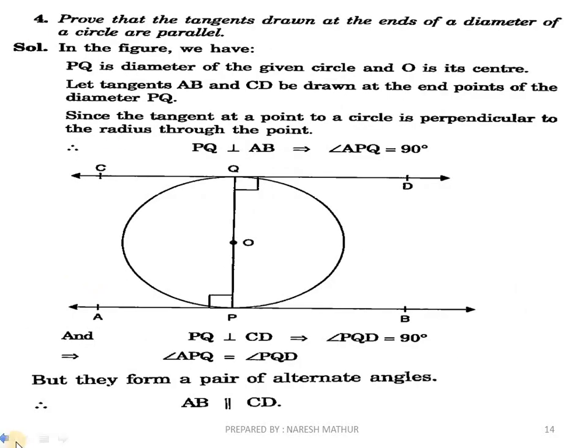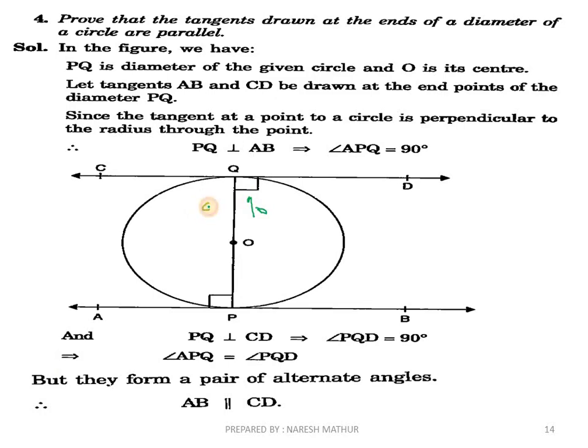Alright, in the next question, we need to prove that the tangents drawn at the ends of a diameter of a circle are parallel. I was talking about this question because we can see a circle can have at most two parallel tangents only. So PQ is the diameter of a circle, and we have drawn AB and CD, two tangents at the ends of the diameter, and we can see these angles will be of 90 degrees.